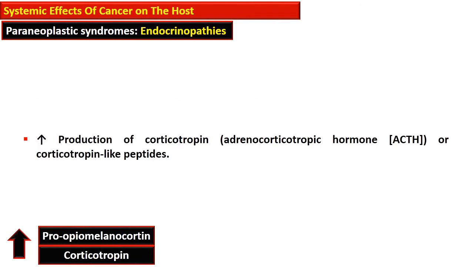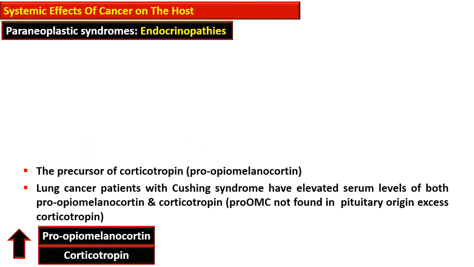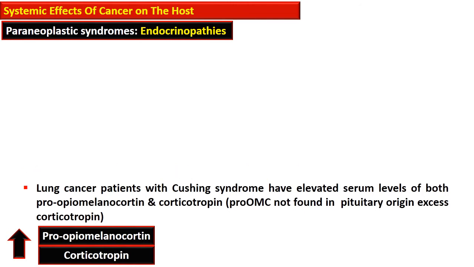There is increased production of corticotropin or corticotropin-like peptide. The precursor of corticotropin is pro-opiomelanocortin, and patients who have lung cancer with Cushing syndrome have increased levels of both pro-opiomelanocortin and corticotropin.